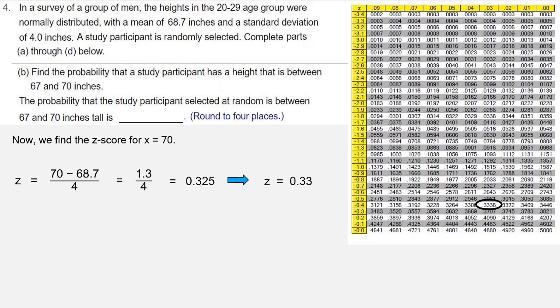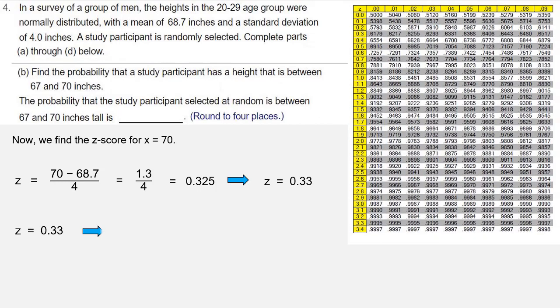So that means we need the positive side of the standard normal distribution table. So our table value here is going to be 0.6293, and then for our probability, we can use the value from part A along with this value we just found for x equals 70, and it's going to be 0.6293 minus the 0.3336 from part A, because we always do the table value that's furthest right minus the table value on the left.